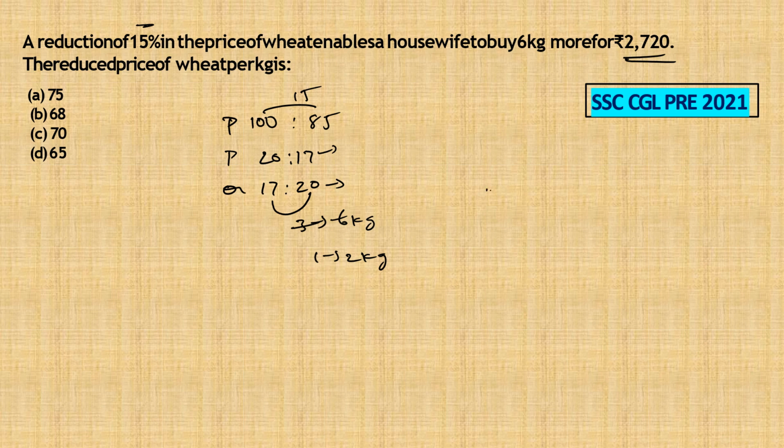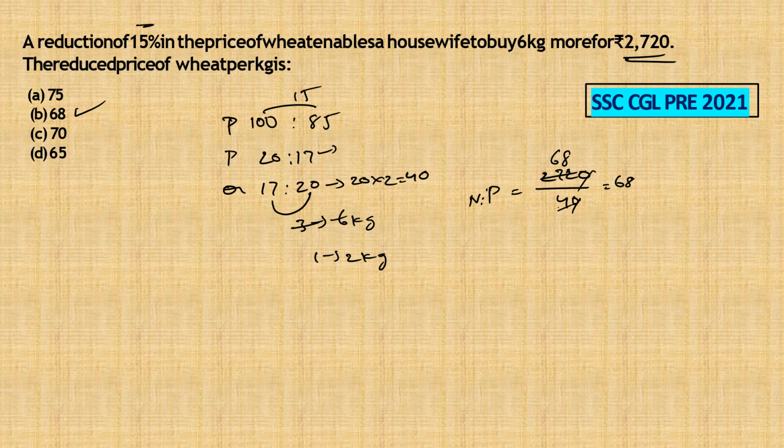They are getting 20 into 2, 40 kgs, the new quantity is 40 kgs. They are getting 40 kgs for 2720, which gives the new price. 2720 divided by 40. 4 6s are 24, 4 8s are 32, that is 68 is the new price.